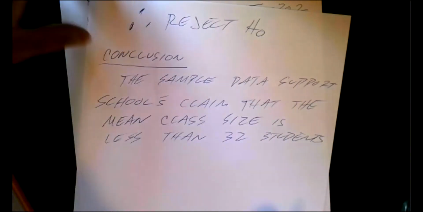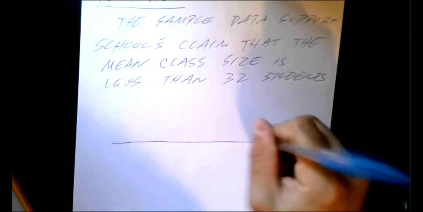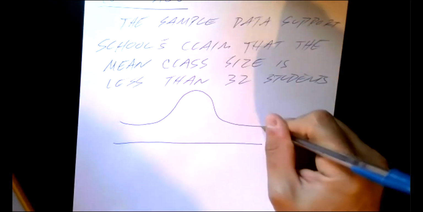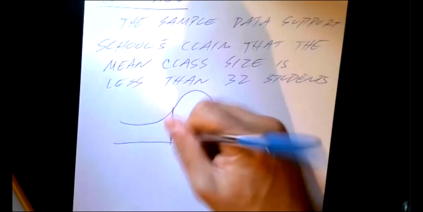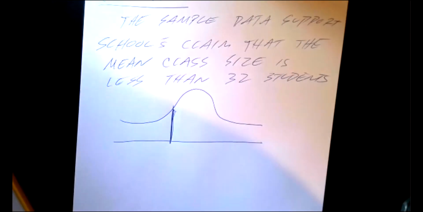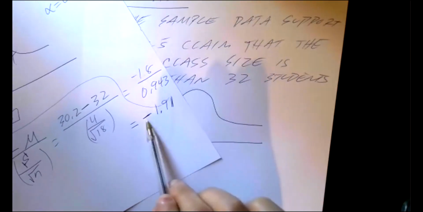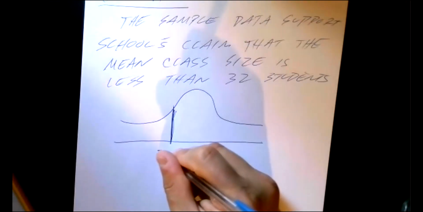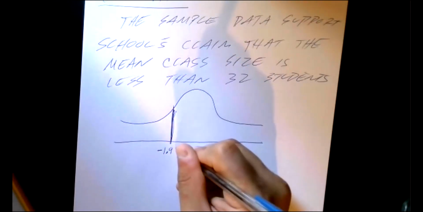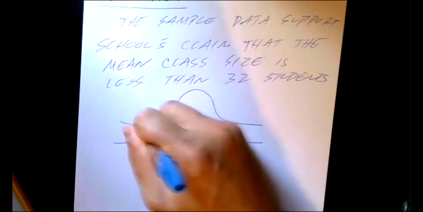Now, if you wanted to use p-value, you absolutely could. Still doing t-distribution, still a left-tailed test. The test statistic we get is negative 1.91. The p-value is the area in the tail.